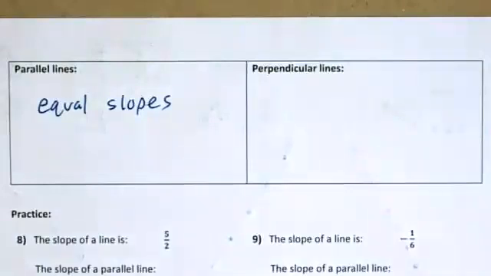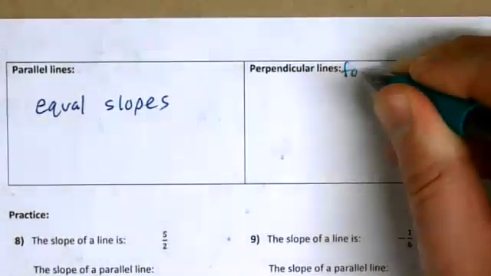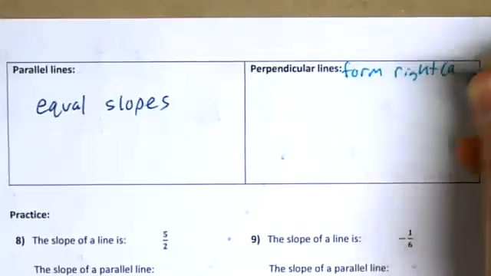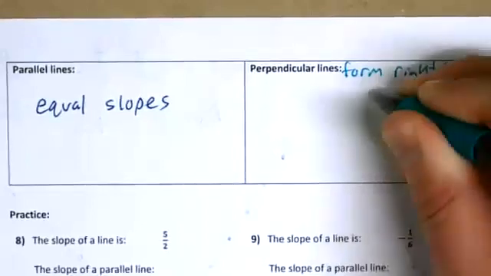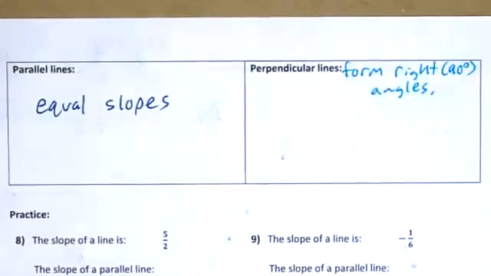Now, it might be worth writing down a definition for perpendicular lines. We know that perpendicular lines do cross each other and they form 90-degree angles. I'm going to say form right or 90-degree angles. That's what's special about perpendicular lines.